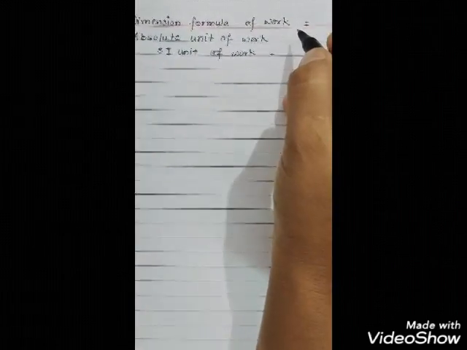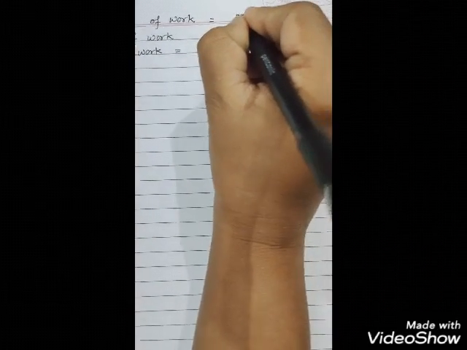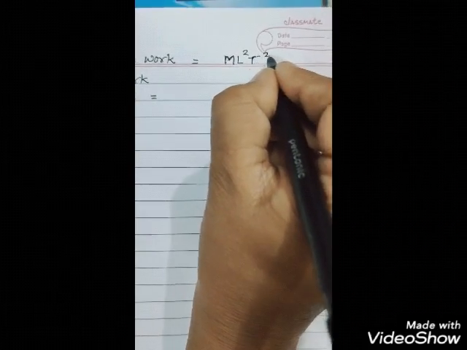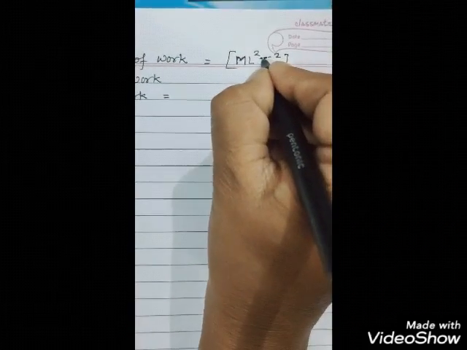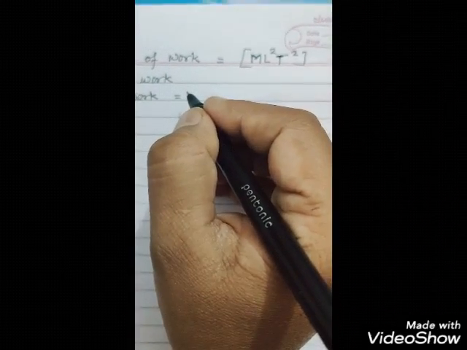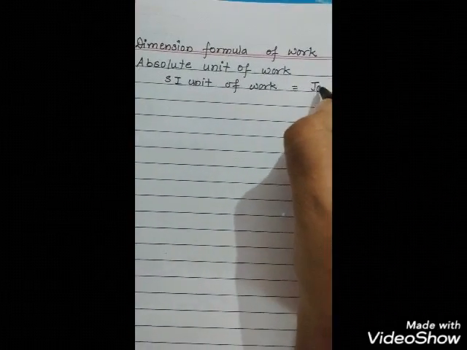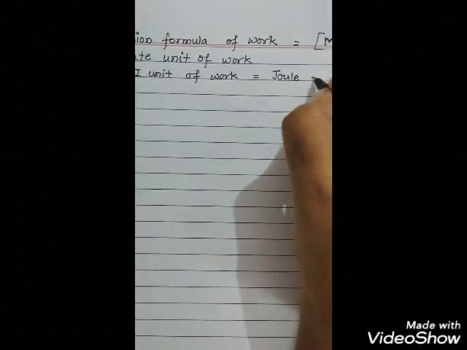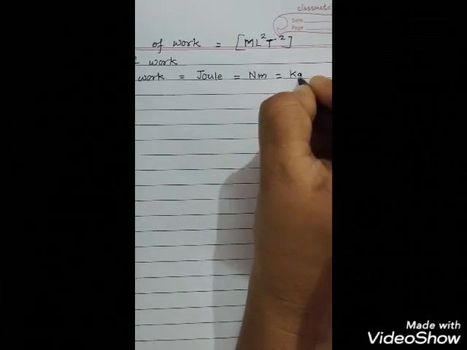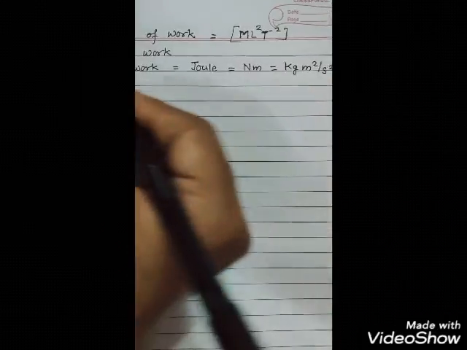The dimension formula of work is M L^2 T^-2. Absolute unit of work: the SI unit of work is the joule, which is equal to Newton meter, or equal to kilogram meter square per second square.